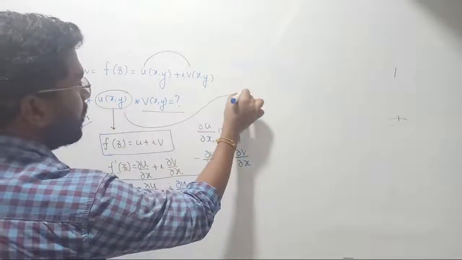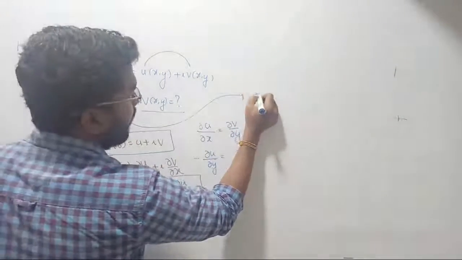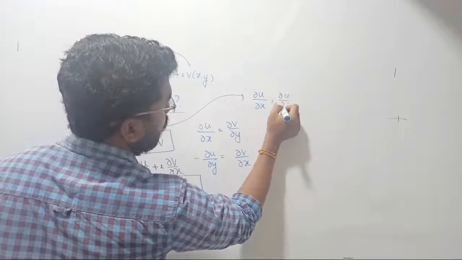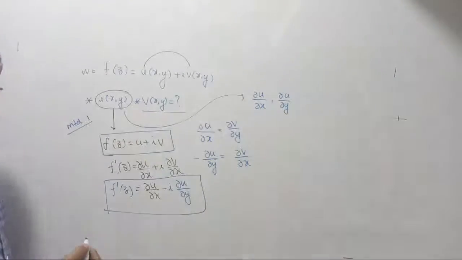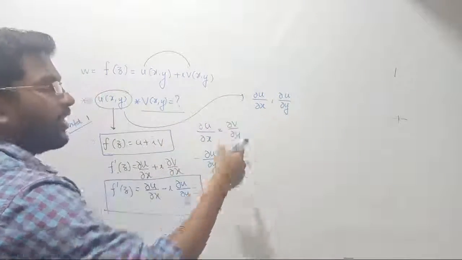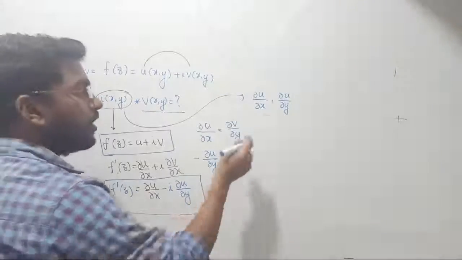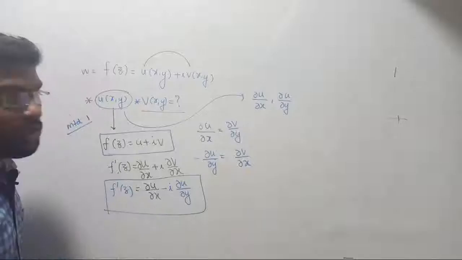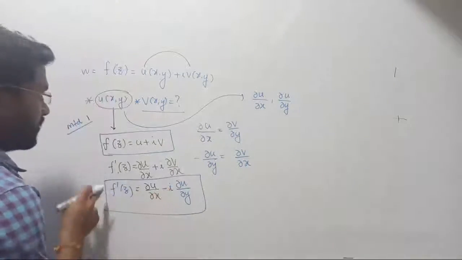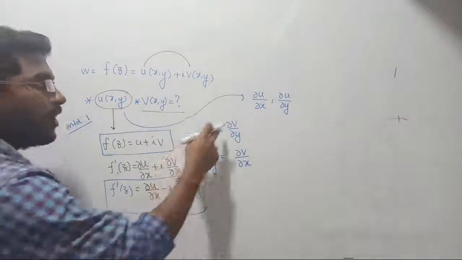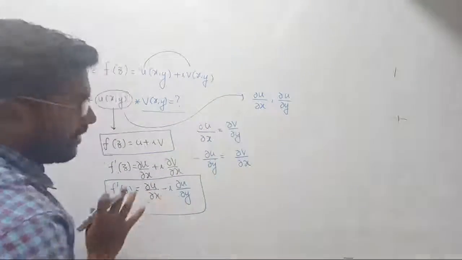Now take the function. The variable has been given, right? What can you do with it? Find the value of dou u by dou x as well as the value of dou u by dou y. Because that is a known variable, since the function is given. From that function you differentiate with respect to x, and in the same way with respect to y, and substitute those two values here, right? After you finish substituting, that is the third step. First step, you write f of z, second step you write f dash of z, third step you substitute the values of dou u by dou x and dou u by dou y, right?